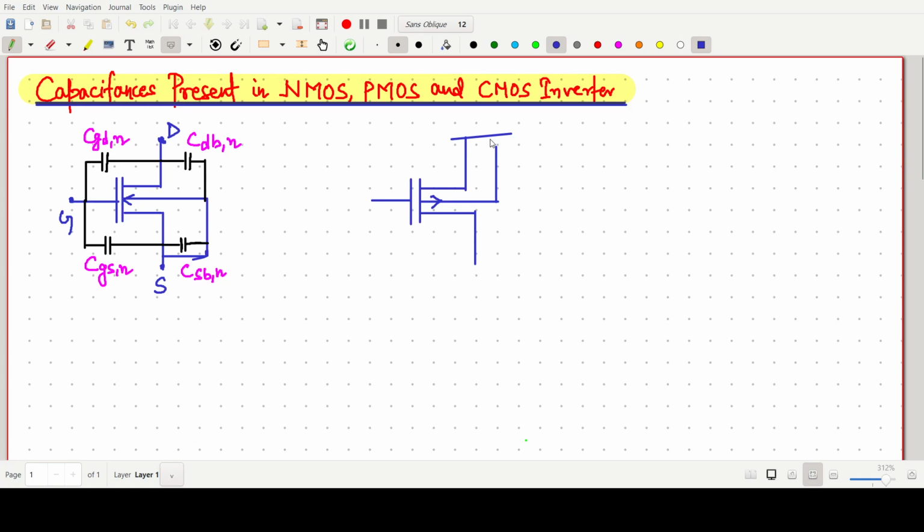So I'm making it like this. This end is our gate, this end is our source, and this end is our drain. Here again we can put one capacitance here, one capacitance here, one capacitor here.